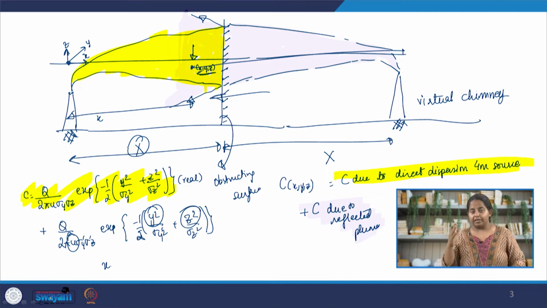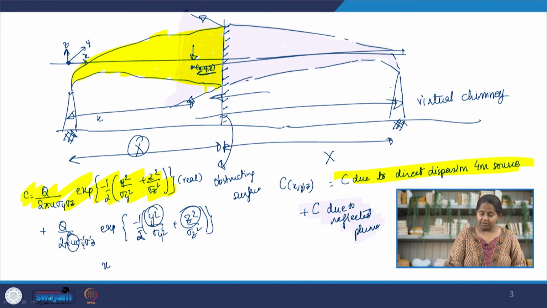Now pause the video, take a moment to figure out what will be the distance of this point, which is located at x, y, z, from the virtual source, the virtual chimney. Okay, students, I hope you figured out what this would be. It's very simple. Remember, this distance is X, this distance is X. So the distance between the two chimneys is 2X.